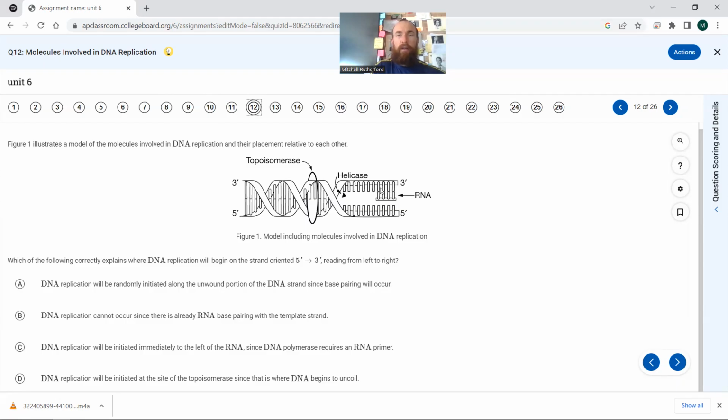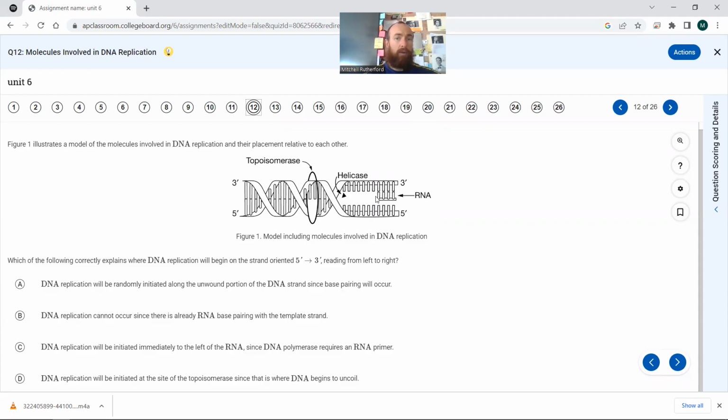Take a walk from 3 to 5. So the top is going to be the leading strand, where we are replicating into the replication fork. Again, this requires a pretty strong knowledge of DNA replication, straight up. This is not one that you're just going to be able to guess or figure out. You've got to know DNA replication. So let's say C looks really strong. DNA replication initially immediately to the left of the RNA, right?